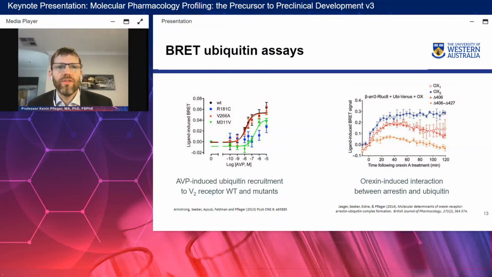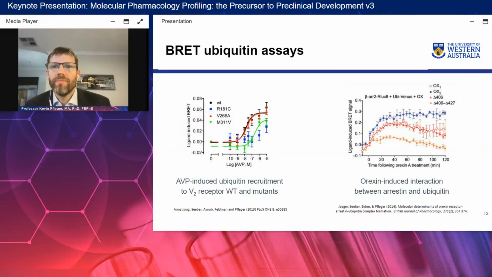We can also look at ubiquitin. This is looking at the arginine vasopressin-induced ubiquitin recruitment to the vasopressin receptor 2, both the wild type and mutants, and you can see some different profiles there. Then also on the right-hand side, looking at the orexin-induced interaction between arrestin and ubiquitin.